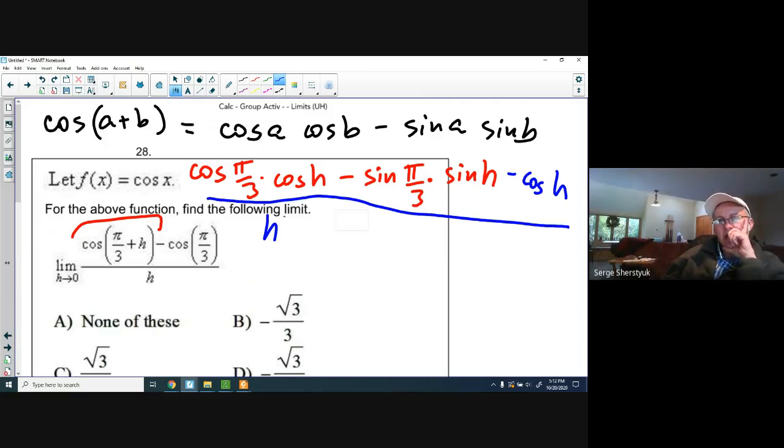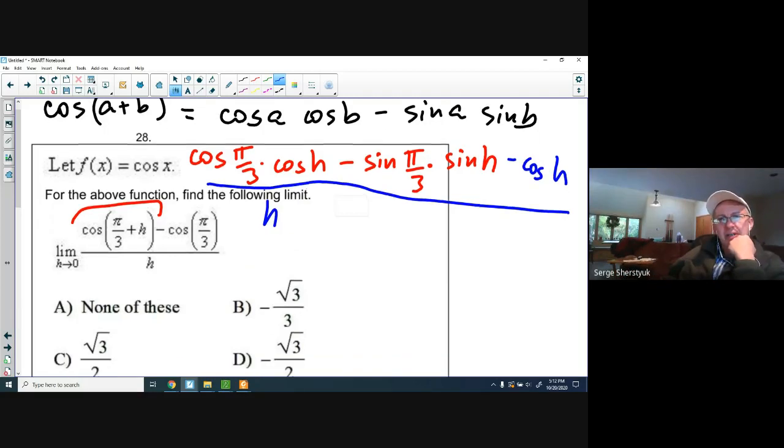Now, nothing really cancels. You can't just cancel it. There's no h as a coefficient. You absolutely can't cancel this h, because they all have the letter h in them, inside an argument of an operation. All right. Gotcha. I see it. Oh, they're sneaky here.